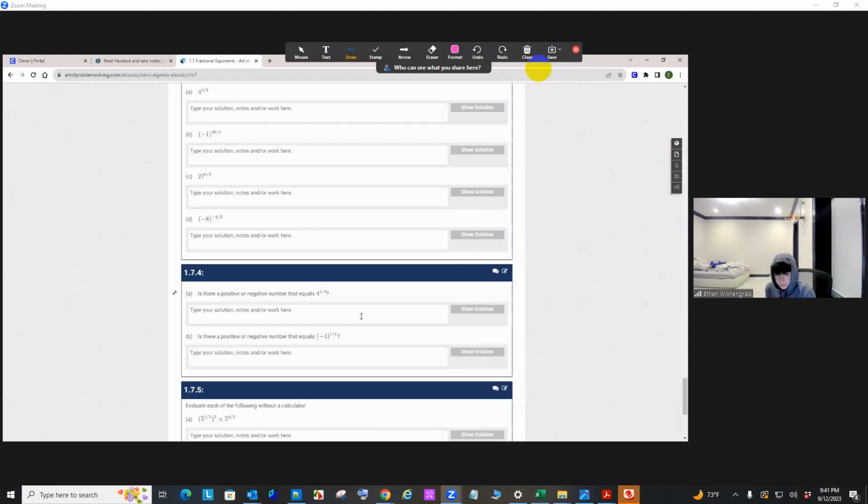Now, is there a positive or negative number? They're asking you for the 4th root of -4, right? Is there a number that you can multiply 4 times to get a negative number? No. That's right, it's impossible. So the answer is no. Yeah, that's what I thought.